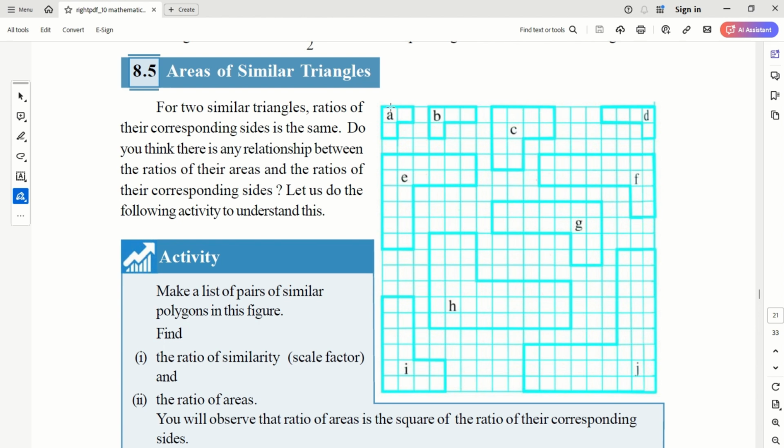The ratio of the corresponding sides is 2 times, correct? But the areas are not in the same ratio, right? This is 3, this is 4 times 3, which is 12. So is it like 2 square times? Okay, because the ratio of sides is 2 times and areas are in 2 square times. Okay, let's check that.